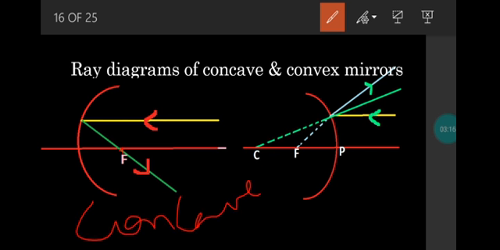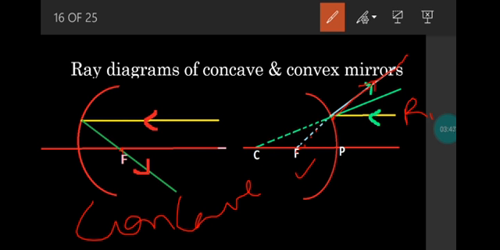And here, this is the yellow color ray, R1, ray 1. When it is passing parallel to the principal axis and hitting the convex mirror, it is getting diverged like this, right? So when we extrapolate this line, it appears to be passing from the focus point. This is the first rule. You have to remember: when a light ray passes parallel to the principal axis, it passes through the focus point in a concave mirror.